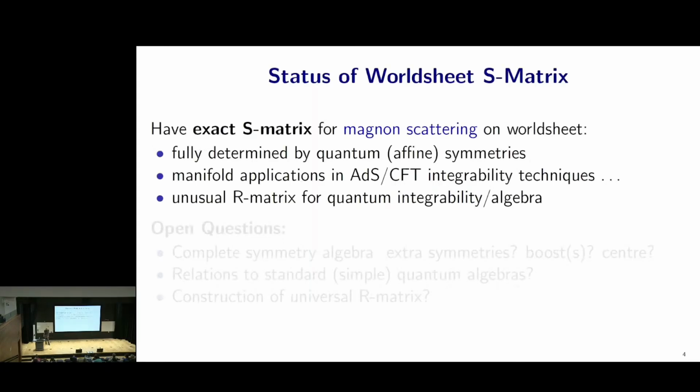So just as an overall scope, we do have an exact S matrix for Magnon scattering on the worldsheet, and the way it was first found was through symmetries.